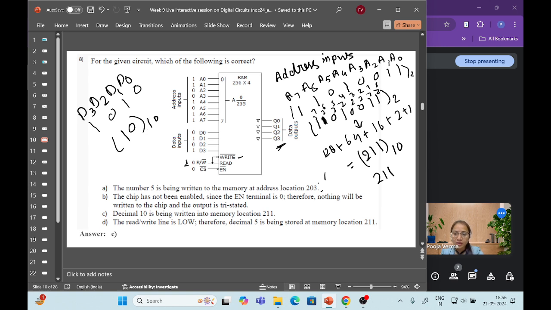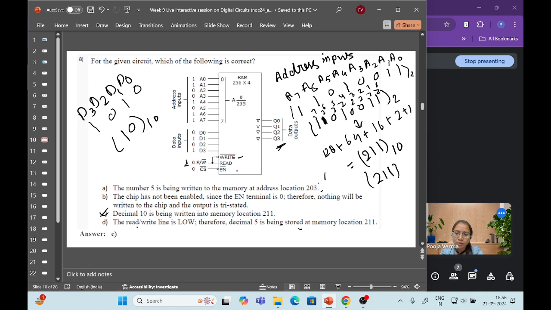Next is option C: decimal 10 is being written into memory location 211. That is correct. The memory location is 211, the decimal value is 10 and the operation is write, as we have already seen.